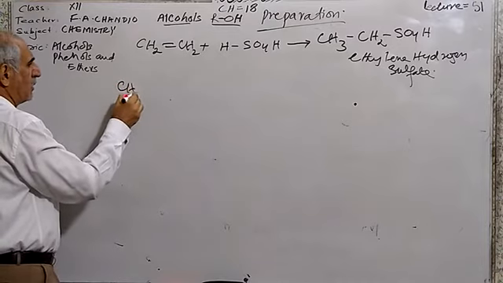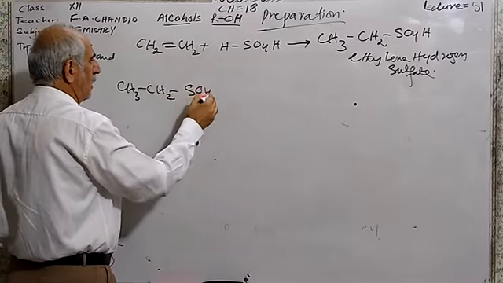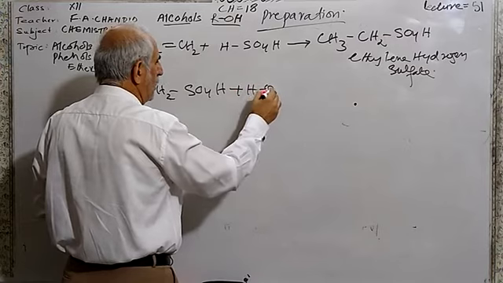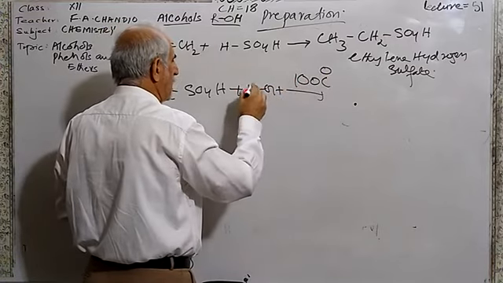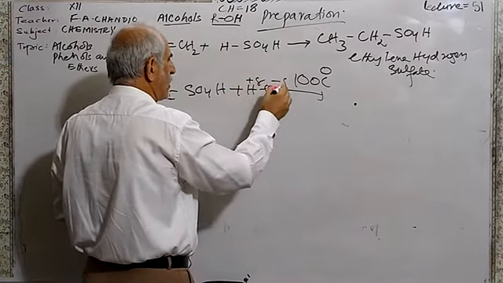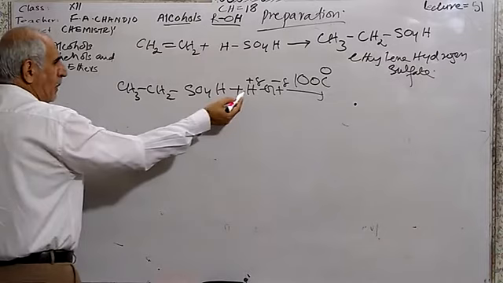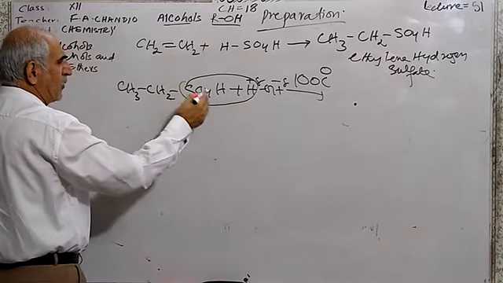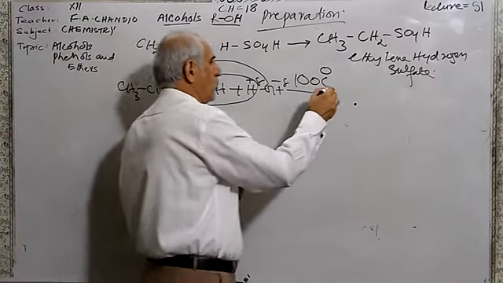This ethyl hydrogen sulfate is hydrolyzed at about 100 degrees Celsius, with partial positive and partial negative charges here. This hydrogen and SO4H make the sulfuric acid again, and the nucleophile is attached here to make alcohol.